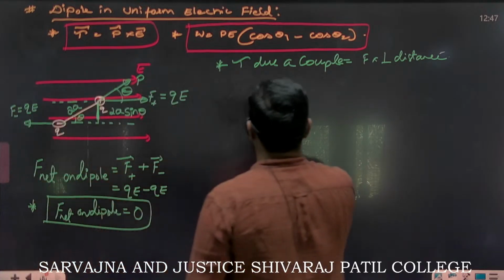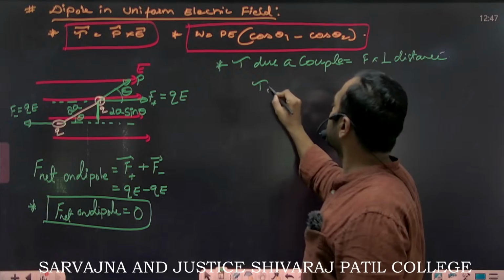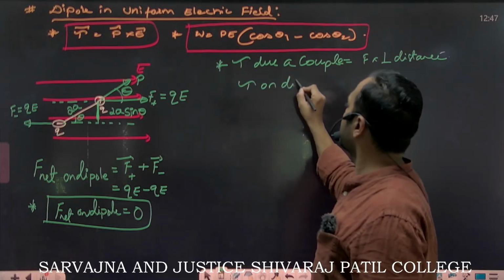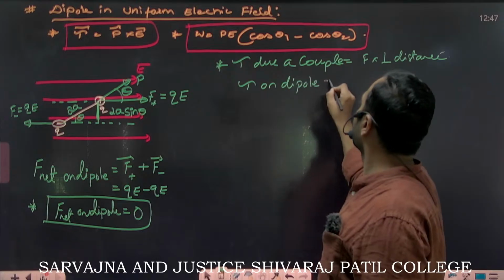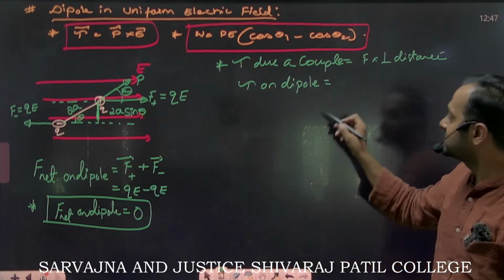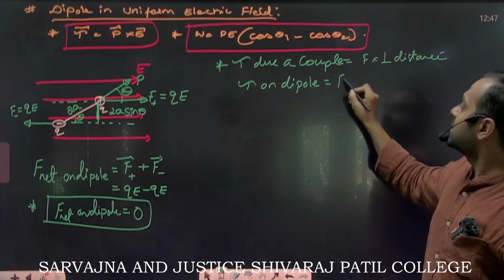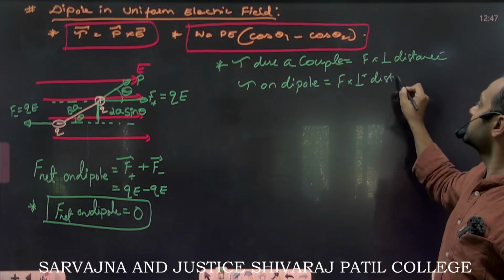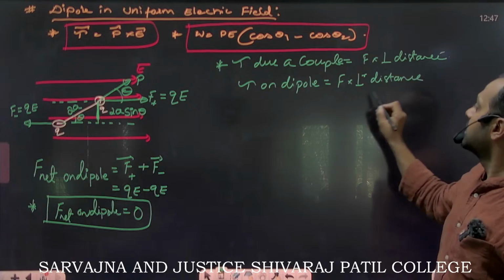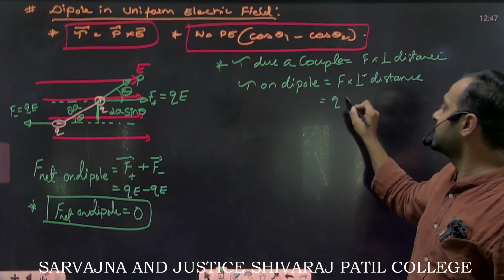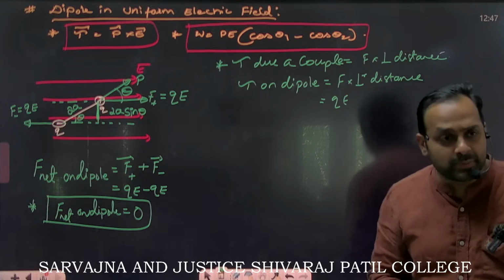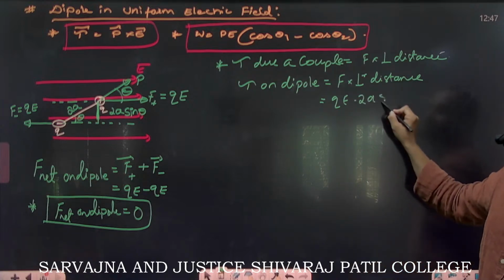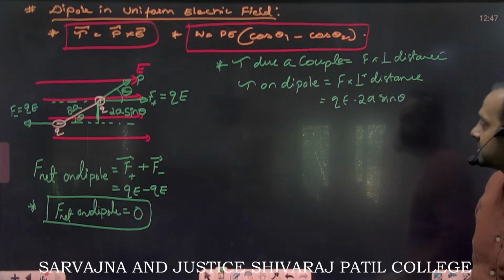Therefore torque will be equal to how much? F into perpendicular distance. What is F? F is qE. What is the perpendicular distance? The perpendicular distance is 2a sin theta.